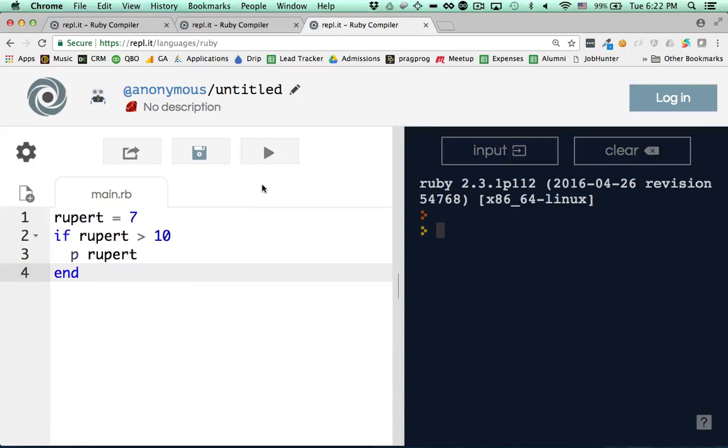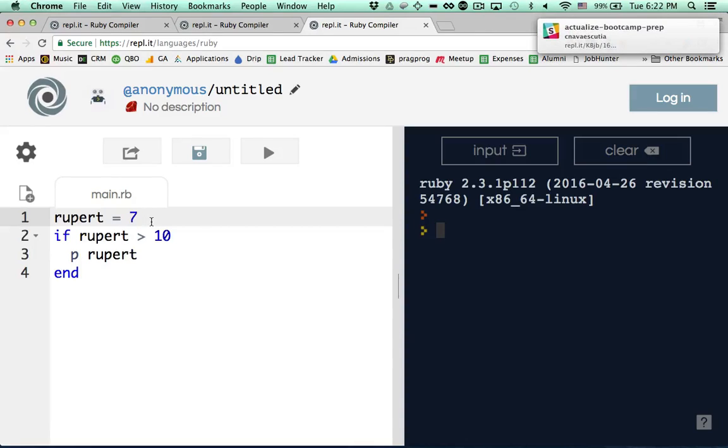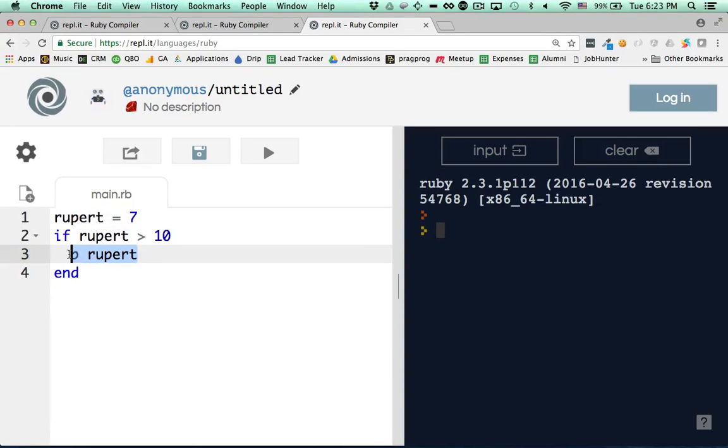When I run this file, nothing happens. Let's break this down line by line. On line 1, we create a variable called Rupert, and we make that 7. On line 2, we have a conditional. Basically, it's if this, then that. So if Rupert is greater than 10, then let's print Rupert, which is 7, to the terminal. And then we have this end thing, and I'll come back to that. So this, in English, is saying if Rupert is greater than 10, then let's print it to the terminal.